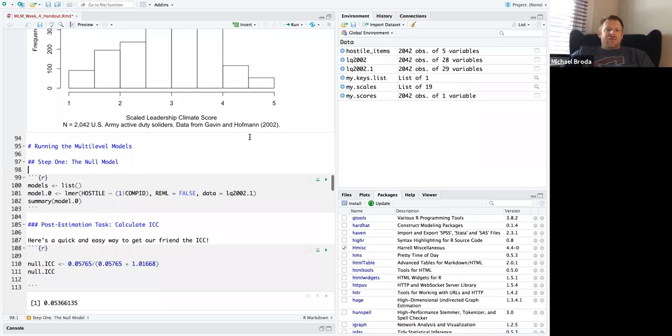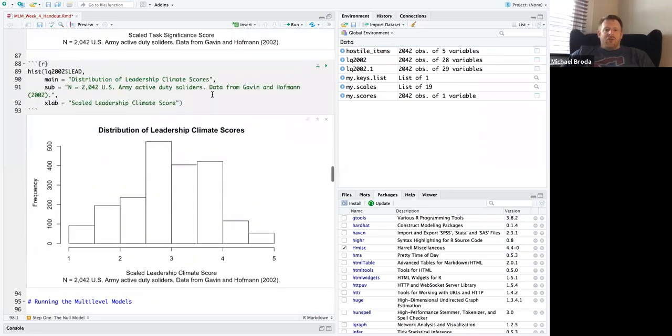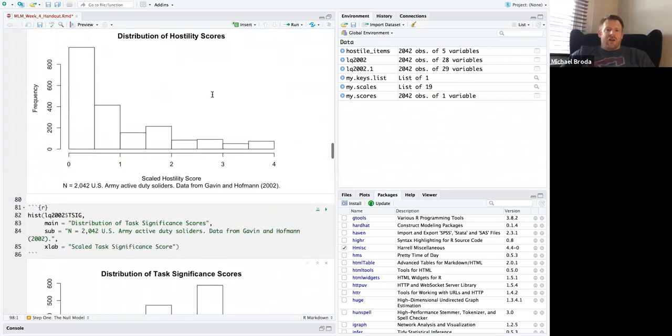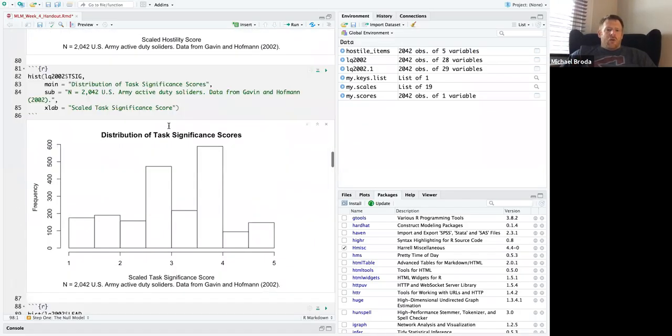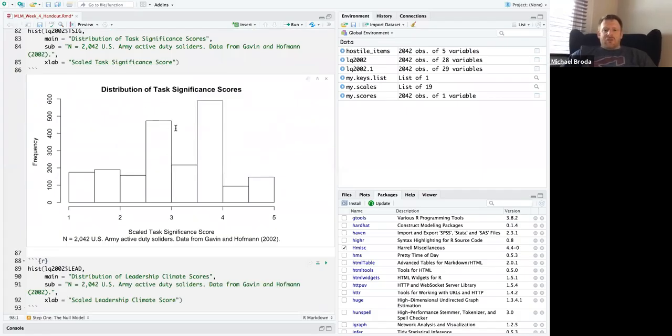And we're primarily interested in this outcome, which I'll scroll up to the histogram, which is hostility. So we're interested in predictors of hostility, which is when a soldier is sort of hostile to the overall mission that they've been assigned. And we're interested primarily in the relationship between hostility and our predictor of interest, which is task significance.